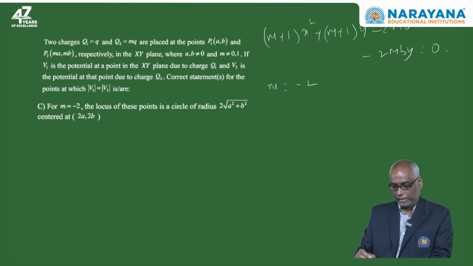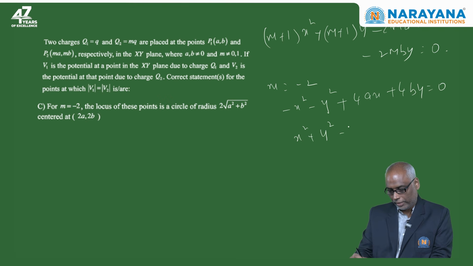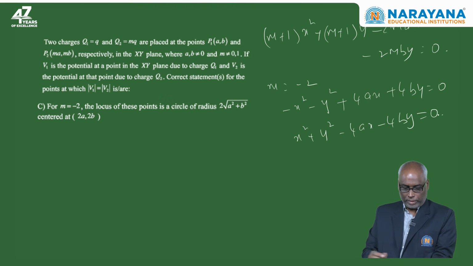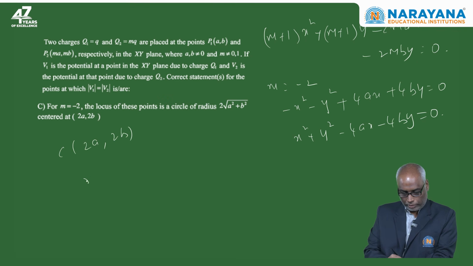Substituting m is equal to minus 2, we are going to get this equation as minus x square minus y square plus 4ax plus 4by is equal to 0, that is, x square plus y square minus 4ax minus 4by is equal to 0. This will also represent a circle whose center is 2a comma 2b and radius is equal to 2 into root of a square plus b square. Option C is correct.